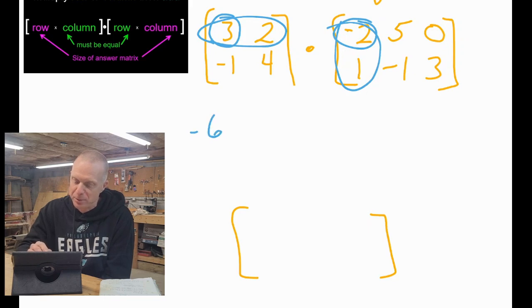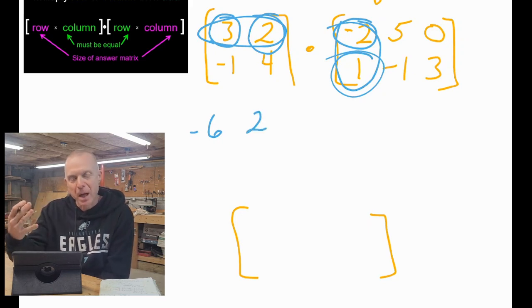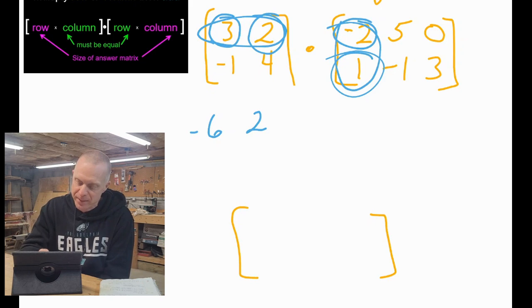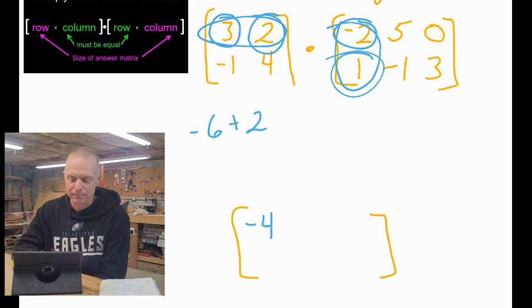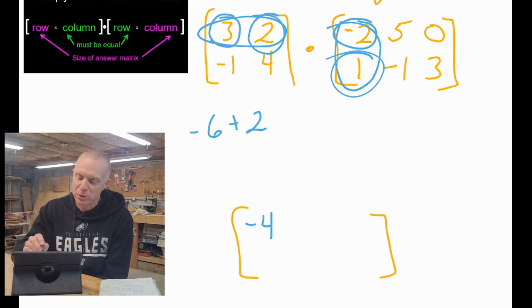The next numbers I multiply together are 2 and 1, and that's going to give me 2. So we multiply those matching numbers, but then you add. And after you add those numbers, that final answer goes in the first row, first column.